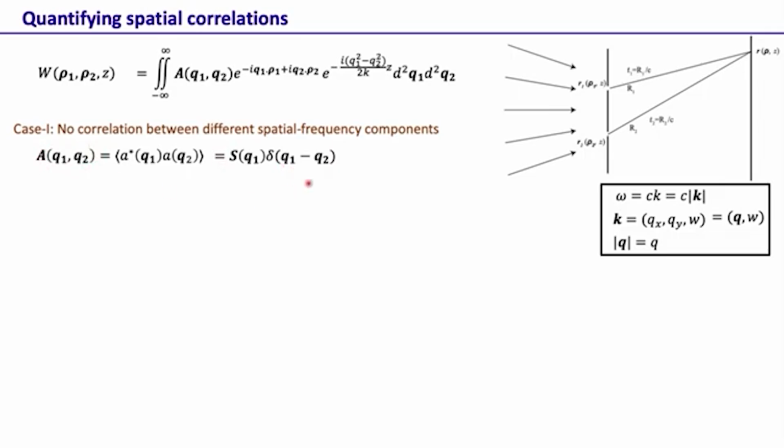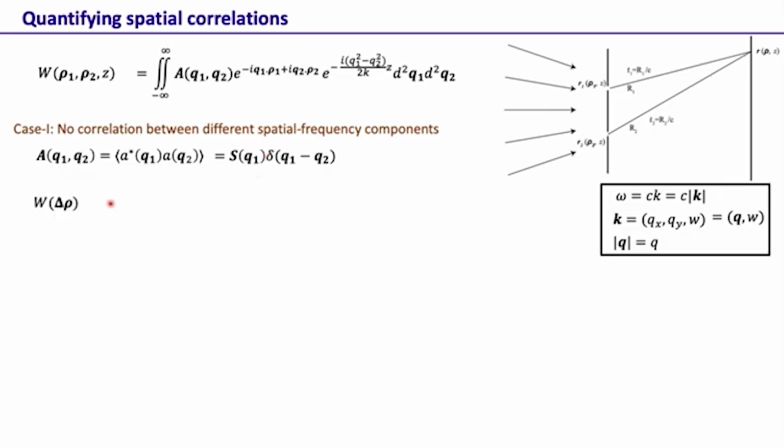If q1 is not equal to q2, then this term is simply 0. This is what it means to have no correlation between different spatial frequency components. This is again very similar to what we had in the case of time, when we say there is no correlation between different frequency components.